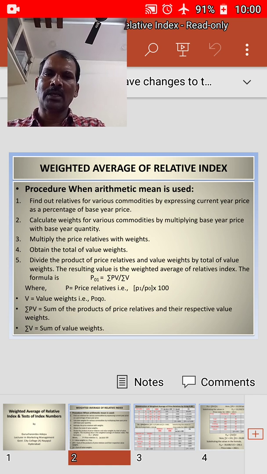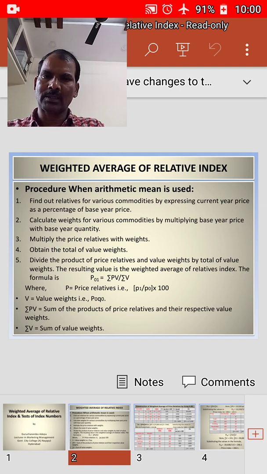The formula is P01 is equal to sigma PV by sigma V, where P is the price relatives, that is P1 by P0, small P1 by P0 into 100, as we have earlier discussed. Small P1 indicates the prices of current year, and P0 the prices of base year.